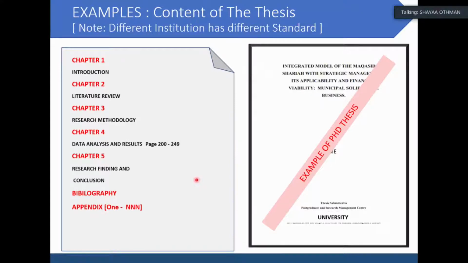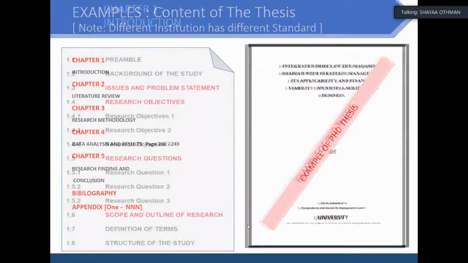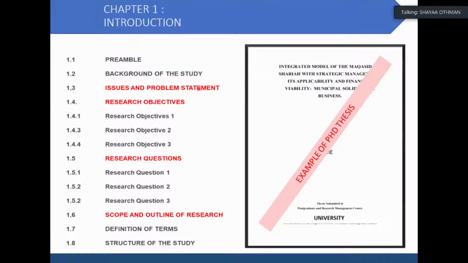Okay, let me just give an example of how we could apply this, and of course, the introduction. Of course, as I mentioned earlier, issues, problem, the problem statement here, and then the research objective. Normally there are so many research objectives.